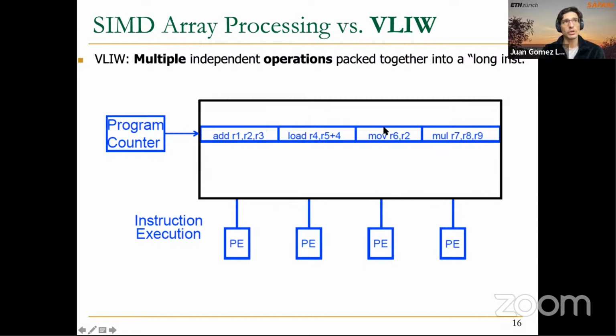But notice that the point here is that these instructions are independent of each other. So that's why they can be executed in parallel. This is a nice way of trying to exploit instruction level parallelism. But as you see, what it really tries to parallelize is the execution of different instructions that probably are operating on different data as well.